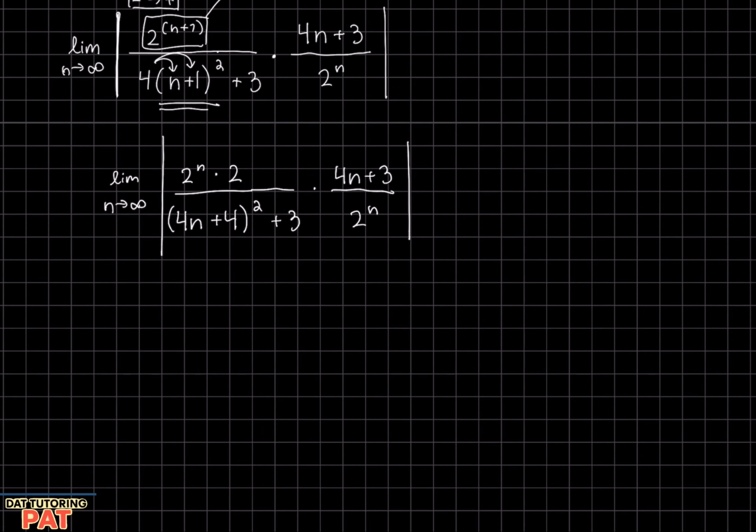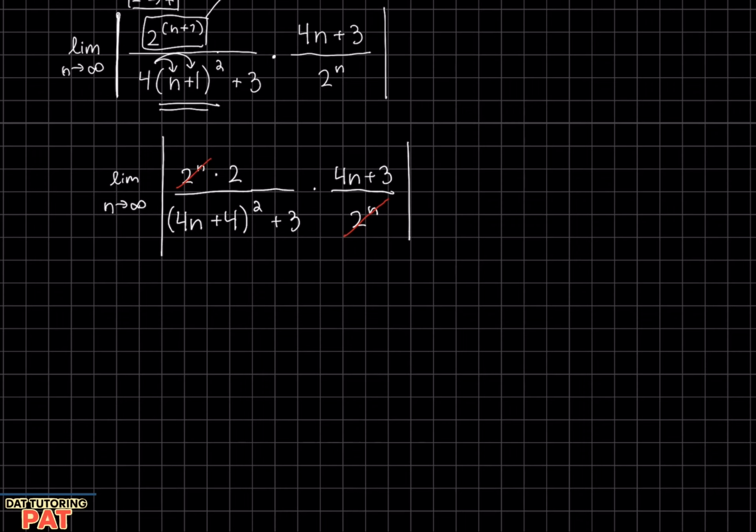So now that everything's simplified, let's go ahead and cross some things out. We see our 2n here, and that's it. One of the biggest things I want you guys to realize is your n exponent probably needs to cancel out.